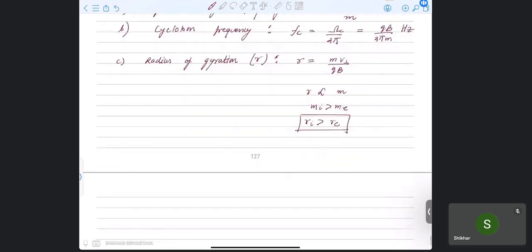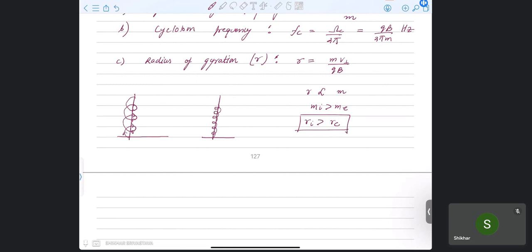So for example, if you have some magnetic field in the z direction, your ions will move in this direction, say clockwise, and they will gyrate around this, and your electrons will move in the opposite direction, anti-clockwise, and they will move in a very small circle.